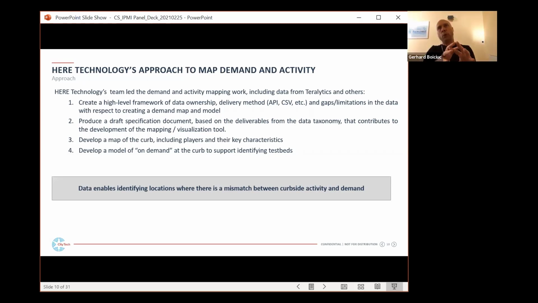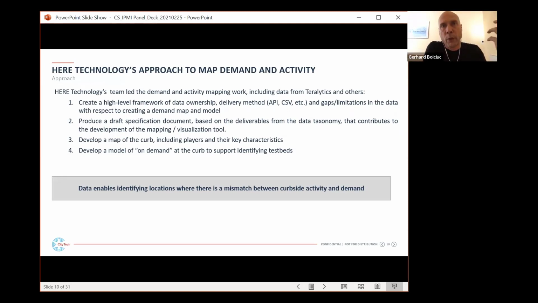And then during the course of this exercise, the team looked at 3 months worth of rideshare and taxi data that was provided by the city of Chicago on top of that. And then the whole data was sliced and diced basically in 15-minute increments over 24-hour periods. And we looked at HERE GeoJSON. We used GeoJSON files to geolocate the curbside on our map.